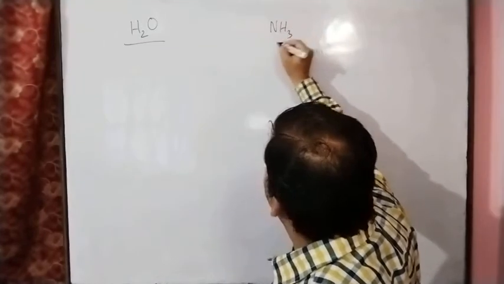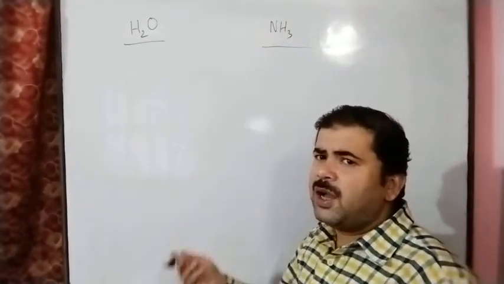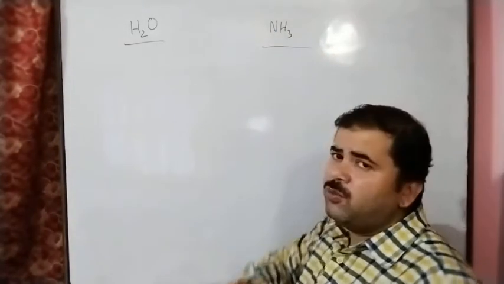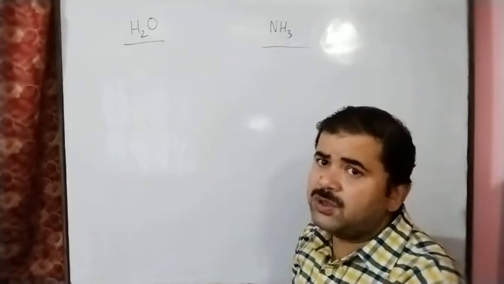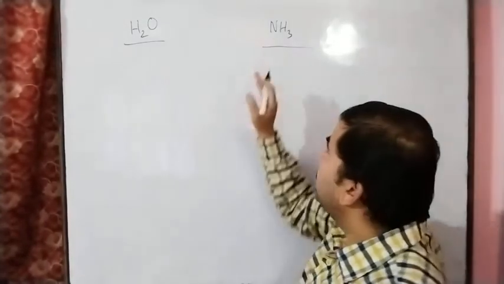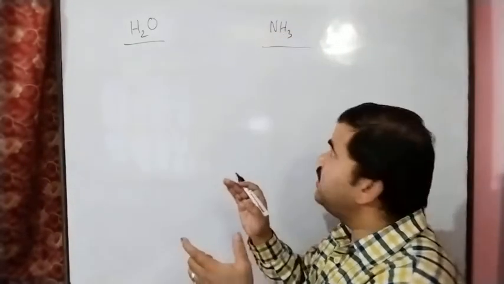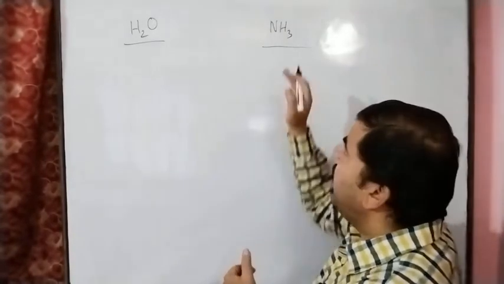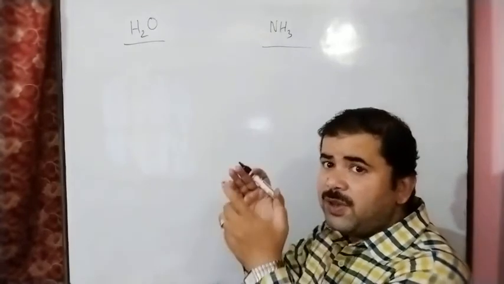In the same manner, take another example, ammonia. In one molecule of ammonia gas, one atom of nitrogen and three atoms of hydrogen are present, chemically combined with each other in a fixed ratio.